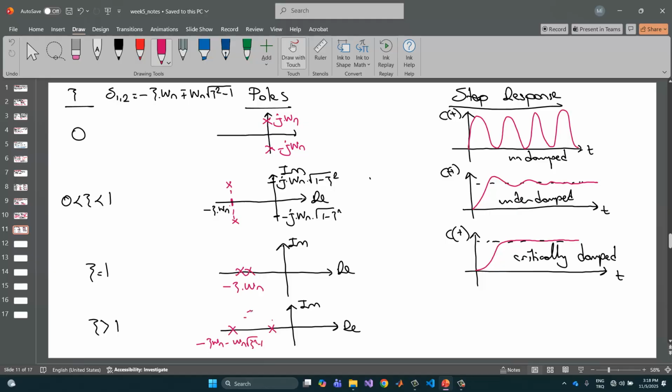This one, minus zeta Wn plus Wn square root of zeta square minus 1. Okay? And so what does it look like in here? t and c(t). This is overdamped. Like this one. Maybe this one. Okay? But this is overdamped.